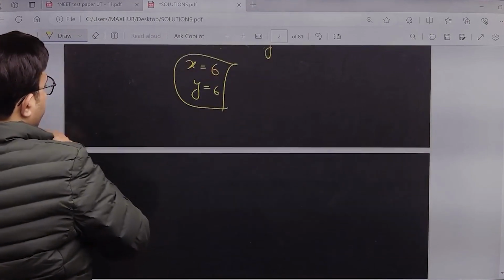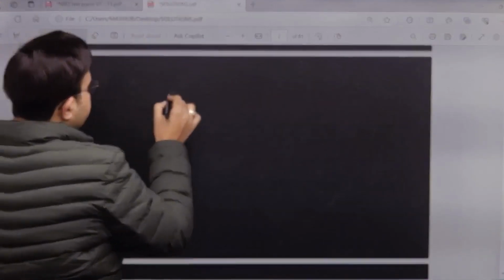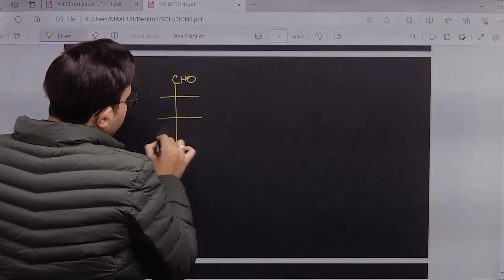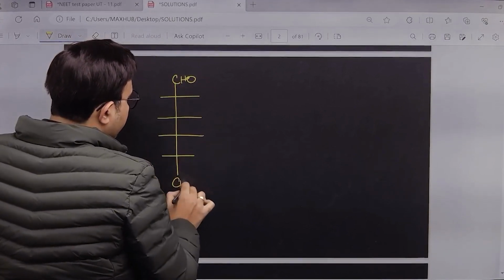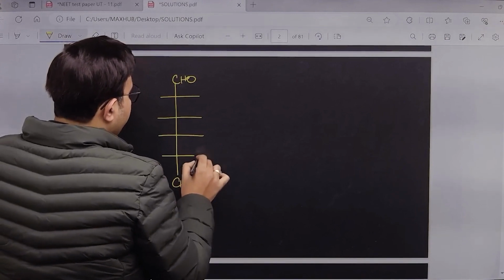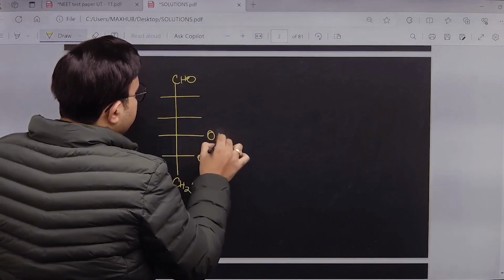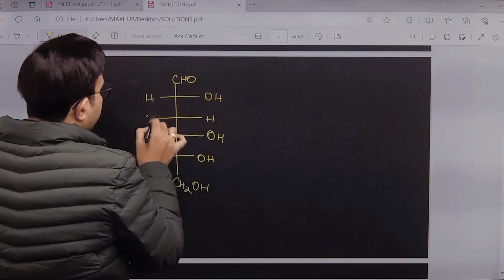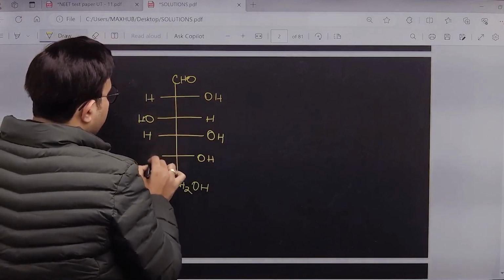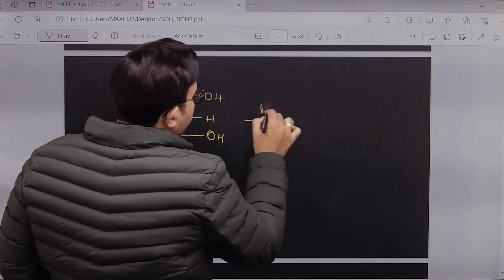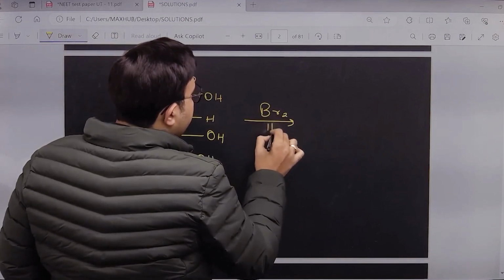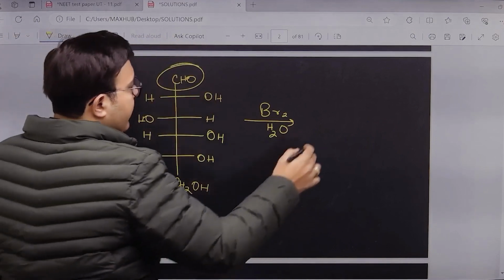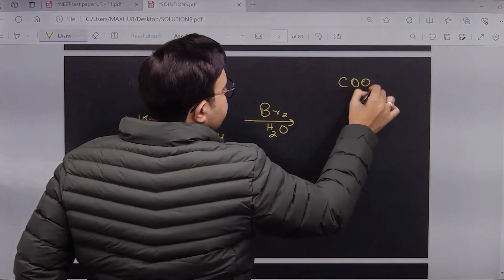So when you oxidize D-glucose with bromine water, it has the tendency to oxidize only the aldehyde group, and this aldehyde group will get converted into COOH.